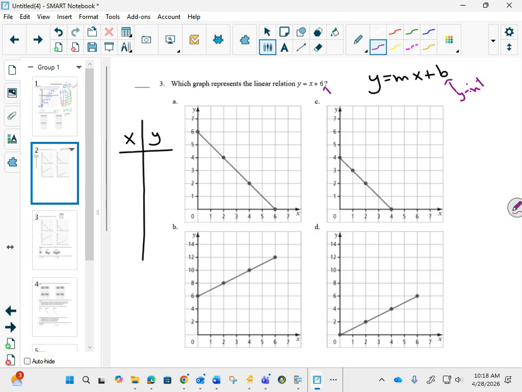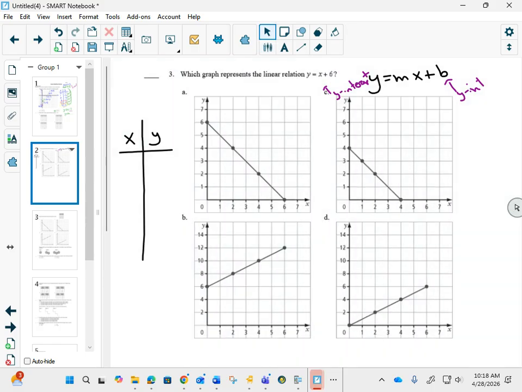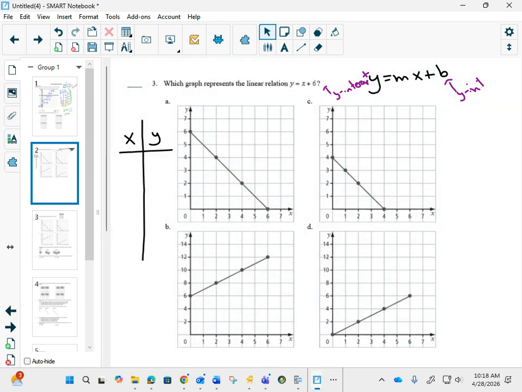And so my y-intercept in this case has to be 6. So I look at which ones... oh, look, it can't be C and D. I already know that my answer is going to be A or B using the shortcut.